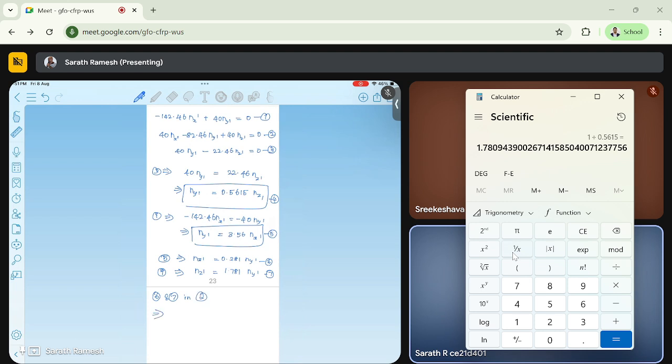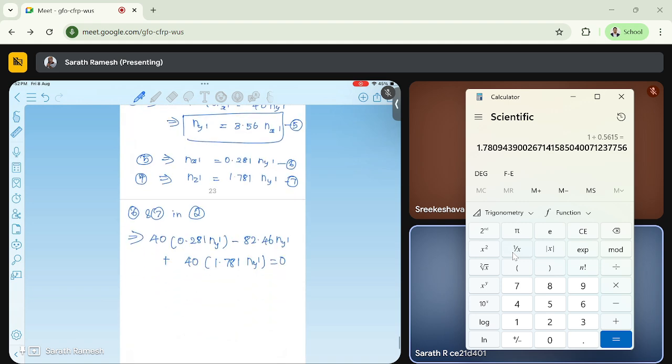Implies 40 times 0.281 ny1 minus 82.46 ny1 plus 40 times 1.781 ny1 is equal to 0.